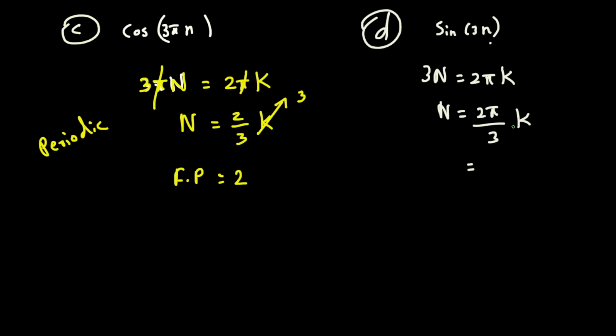If I substitute 2, 3, even 3, I get something like 3.1 for something like that. It's not an integer, it's a fraction. So for this one, we cannot have a whole number if we put any integer for k, which means this is not periodic, so we are not going to have a fundamental period. This is non-periodic, because we cannot have a whole number when we substitute any integer for k.